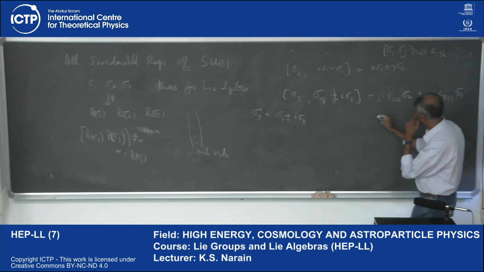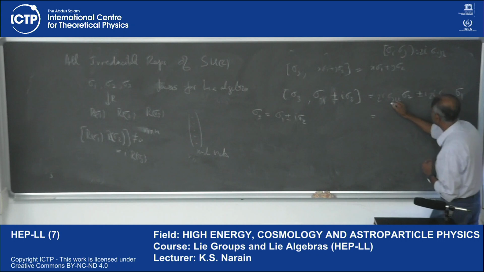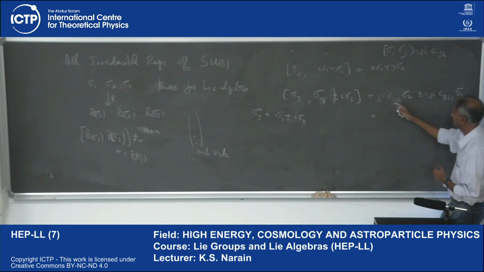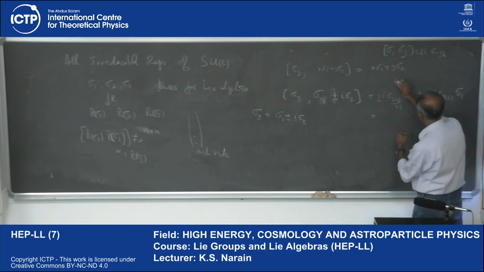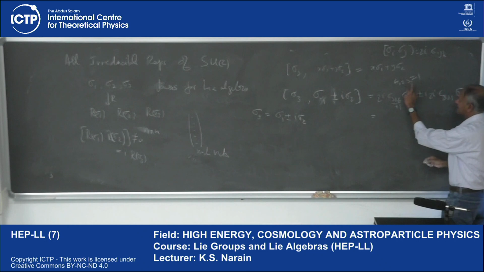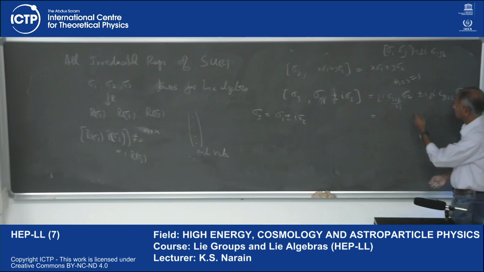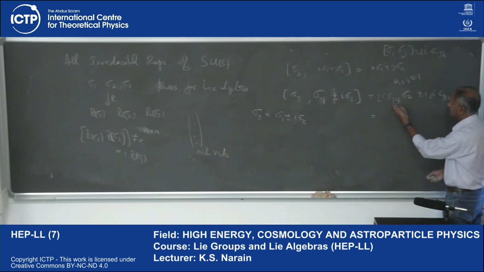So epsilon 3 1 2 is the same as plus 1, because you can move this 3 two times here. We have defined epsilon 1 2 3 as plus 1, and any exchange will give you an extra minus. So you can go from here to there by 2 exchanges.